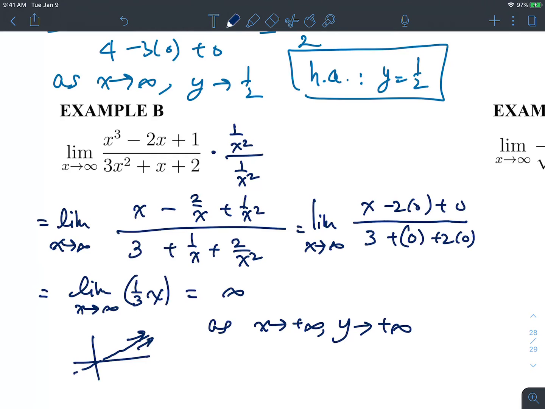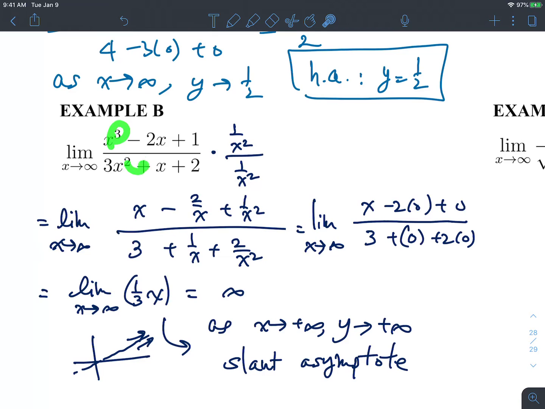So this is a fancy way of saying this is a slant asymptote. And as you learned from pre-calculus, if the numerator is bigger by 1 degree, it's a slant asymptote. If this is a fourth, it would have been a quadratic asymptote.